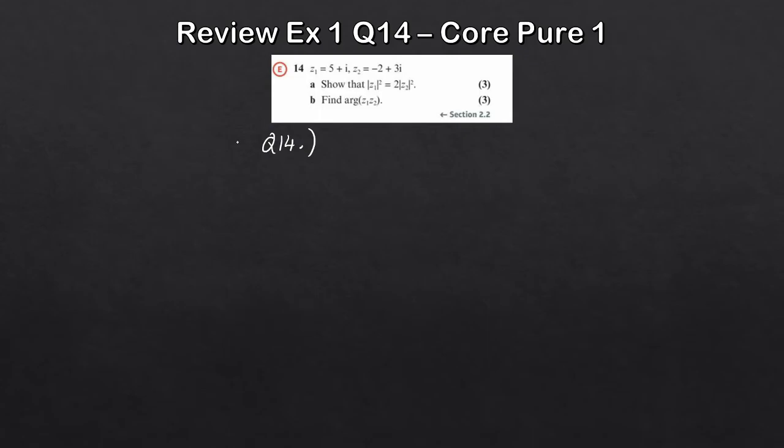So for part A, what I'd do here is work out both moduluses individually. So modulus of Z1, well, that's going to be the square root of 5 squared plus, just because it's i, don't think of that as anything other than just 1. It's 1i.